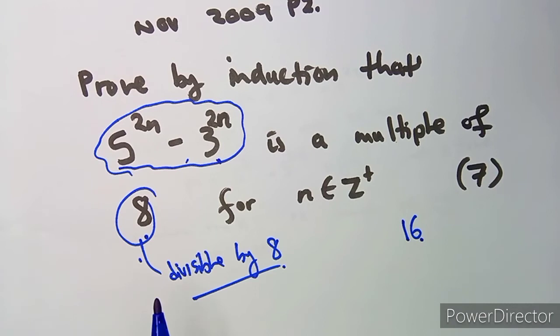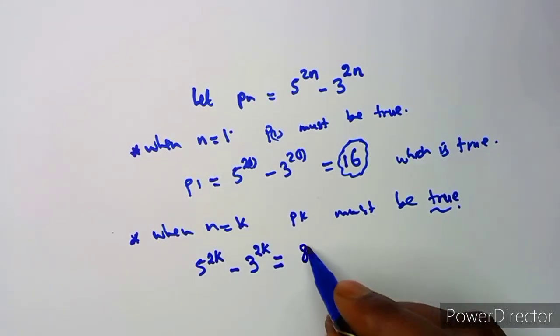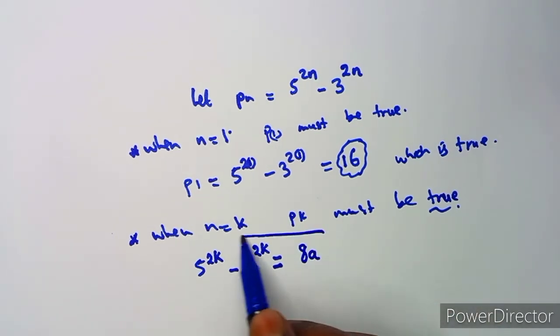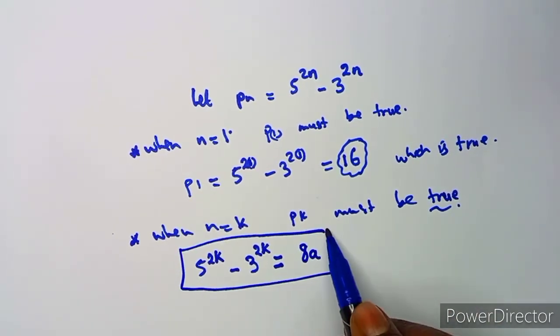So in this case, I'm going to use a to be my constant, so it's going to be equivalent to 8a. So this is a statement that you are going to come back again and play around with.